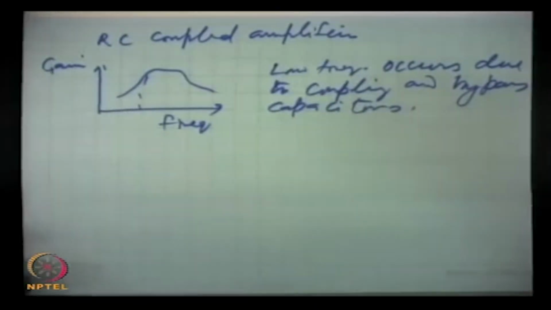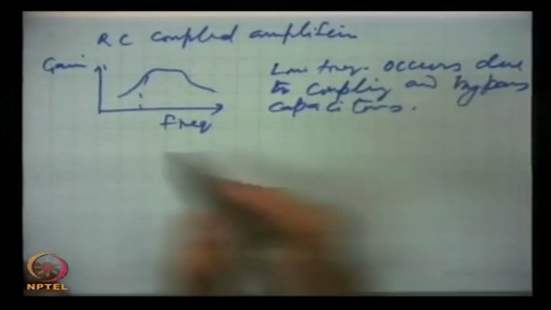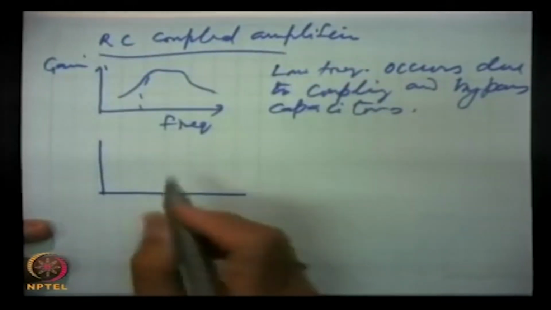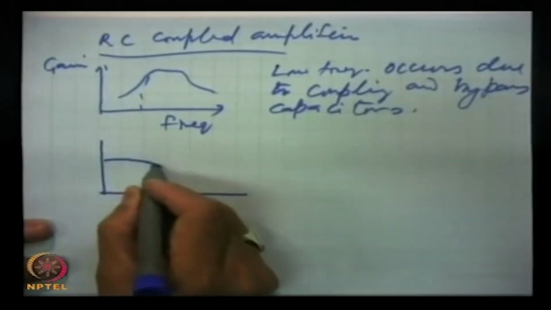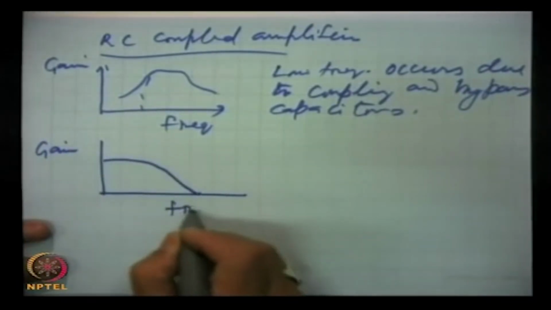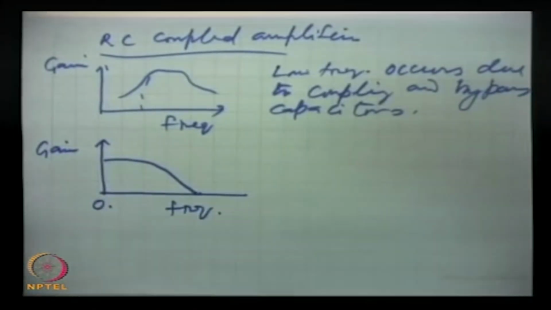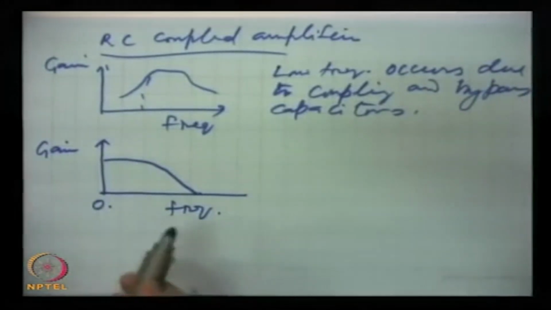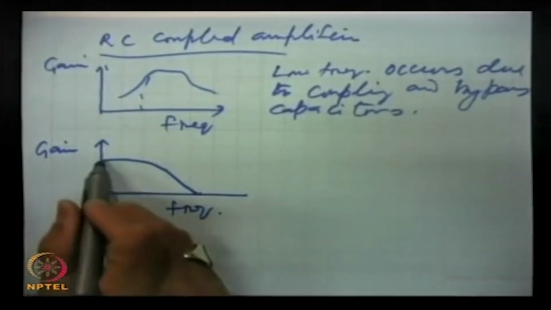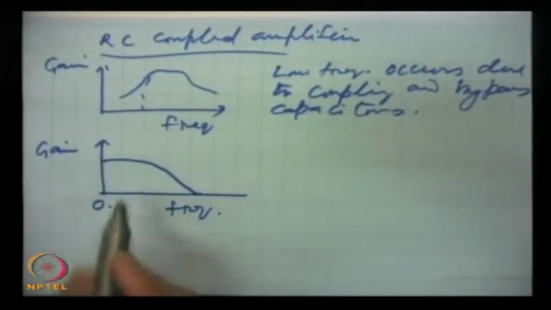In direct coupling there are no bypass and coupling capacitors, so the response is like this, starting from zero frequency. That means including DC, right from DC the amplifier will amplify signals.